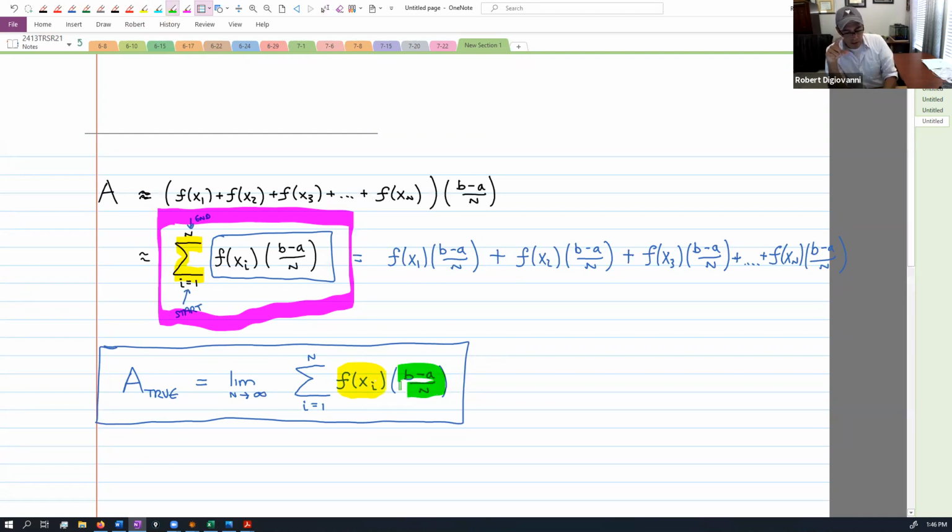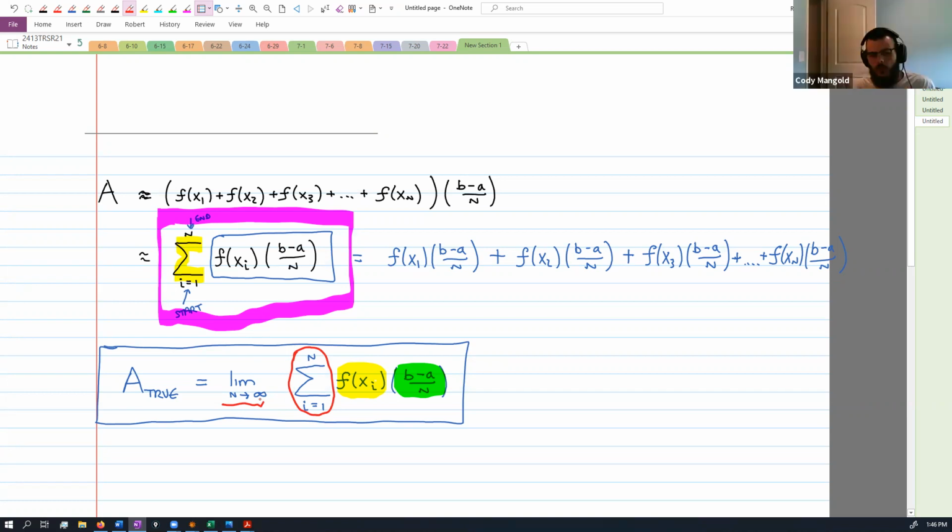This is the width of the rectangle, how wide it is. This is saying we're going to add up n of them. And then the limit is saying we let the number of rectangles go to infinity. Taking the height times the width of each rectangle, added up, and then letting the number of rectangles go to infinity. Make sense?